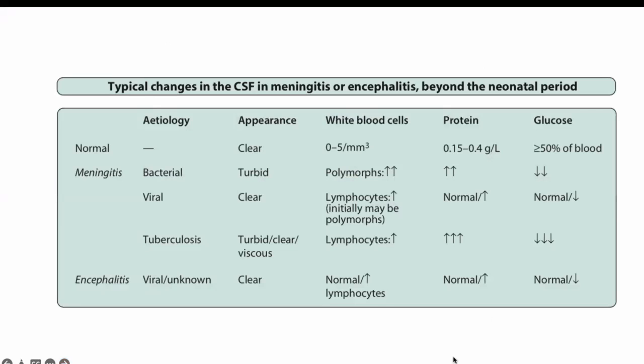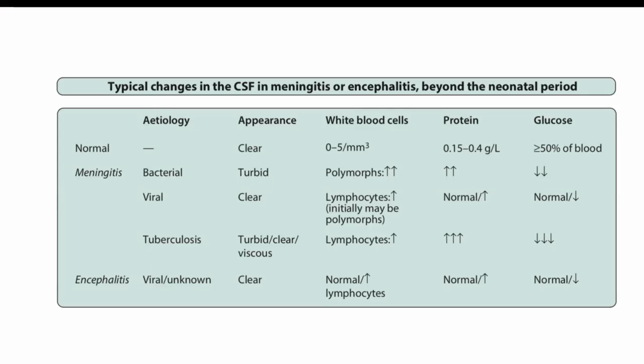So what are the typical changes in CSF in meningitis or encephalitis? At your level, you just need to know what is normal and what is the abnormality, whether it is increased or decreased. You don't need to memorize certain levels. In the exam, sometimes we will provide them to you. You just need to know the meaning of when it is high and when it is low.